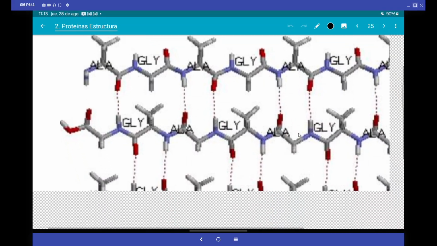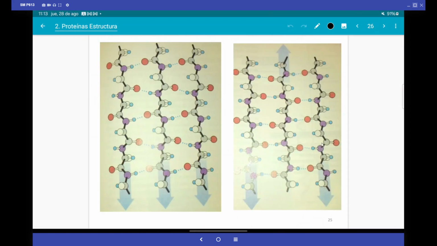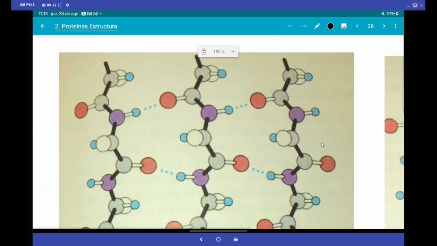On the contrary here, the two examples are shown simultaneously. If we have that here, it would also be anti-parallel. It begins with the carboxylic group and this other with the amino, an anti-parallel arrangement. But if they started with the same functional group, as in this visual example from here, they would be parallel.